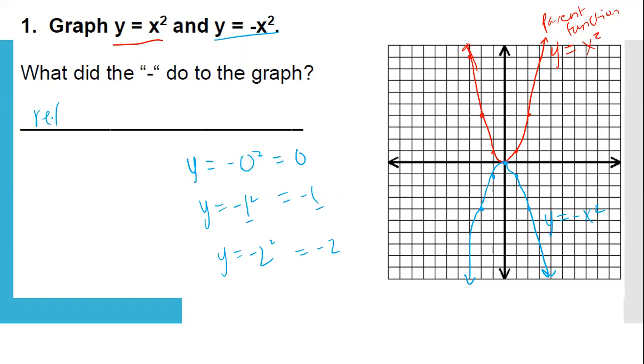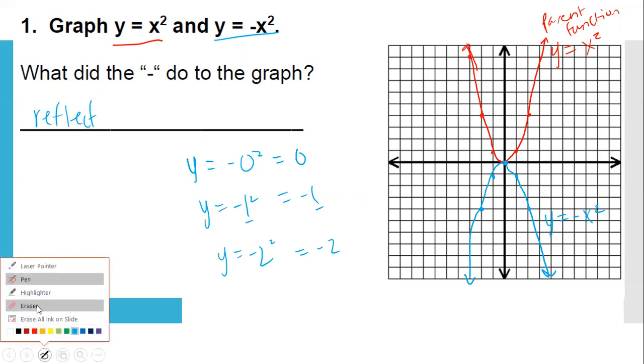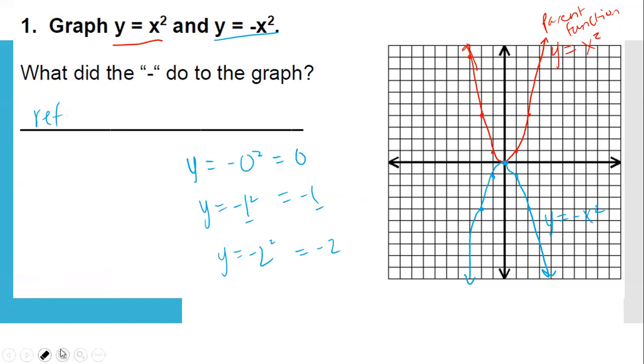It reflects. So when there's a negative in front of the quadratic, what is it going to cause it to do? Reflect over the x-axis. Do you see that?